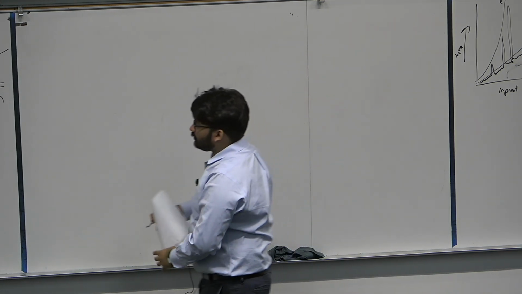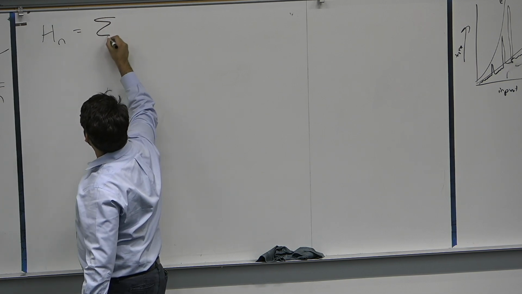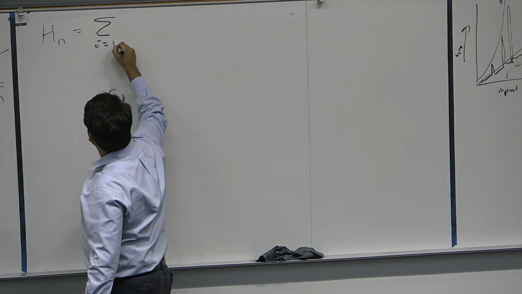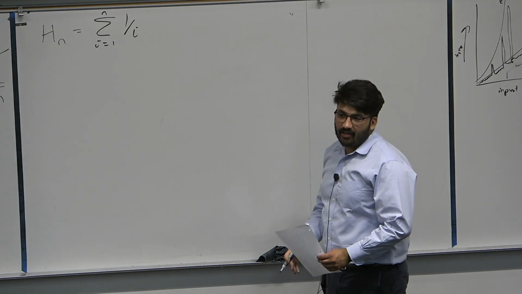Does anyone know what the nth harmonic number is? H of n is equal to the sum from i equals 1 to n of 1 over i, right? That's the definition of the harmonic numbers.